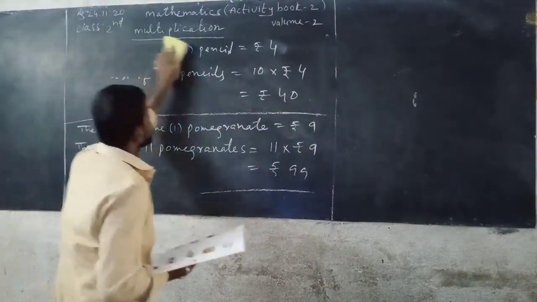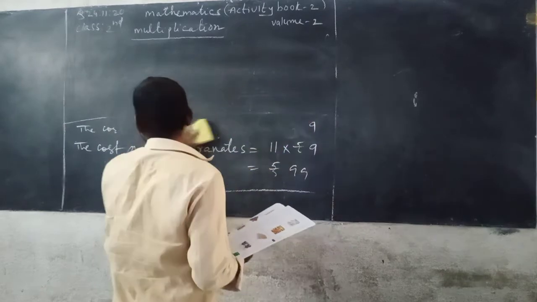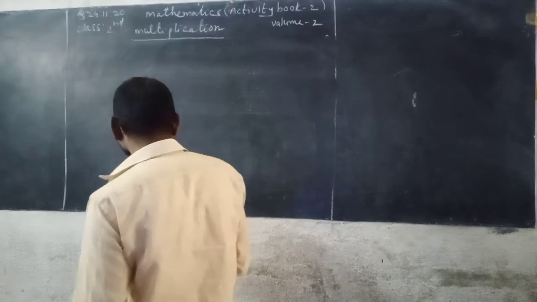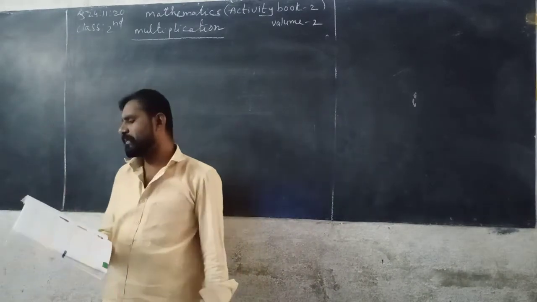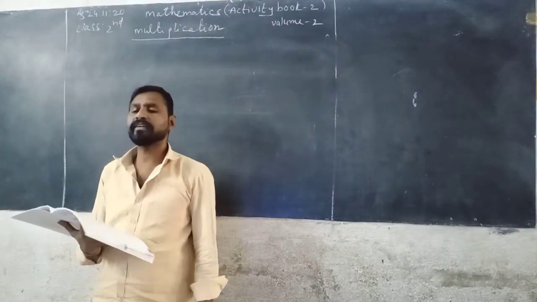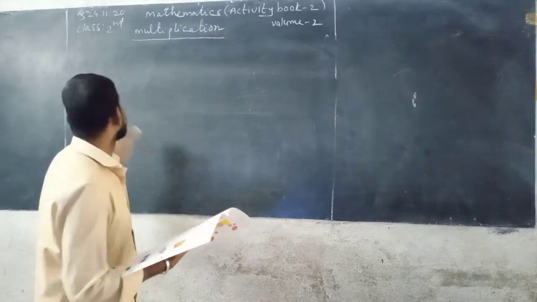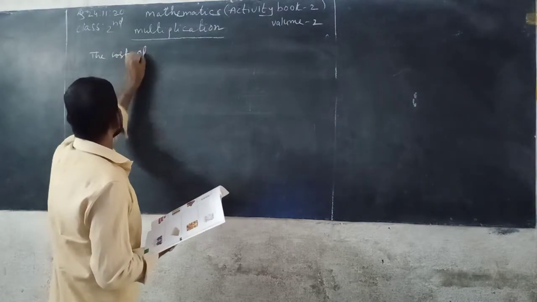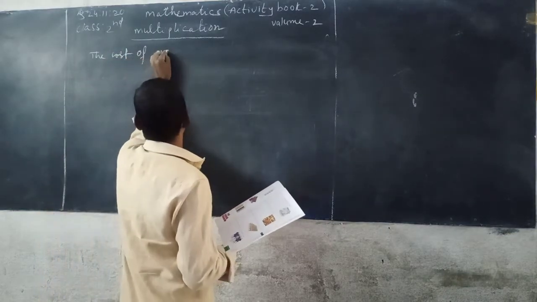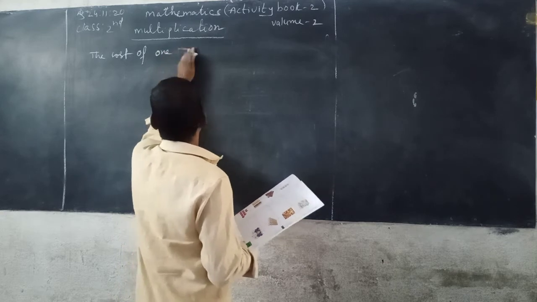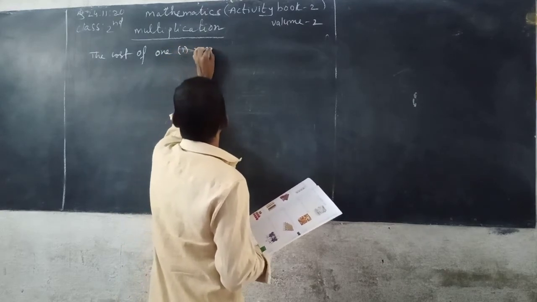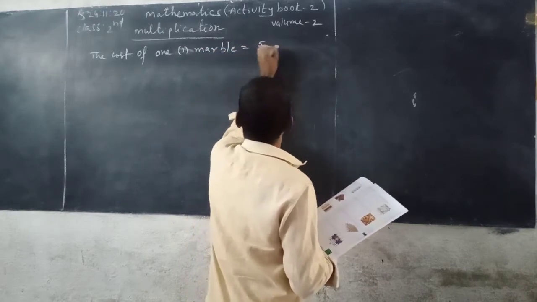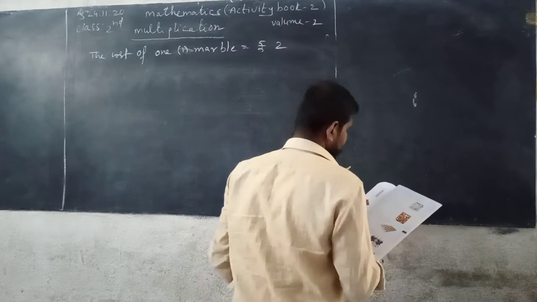Now next one. The cost of 1 marble is 2 rupees. What is the cost of 35 marbles? The cost of 1 marble is 2 rupees.